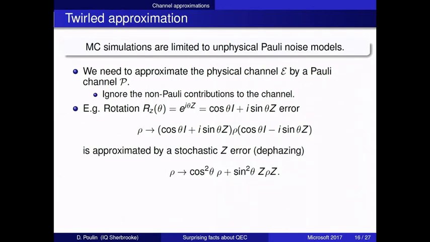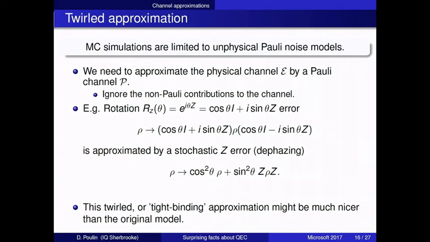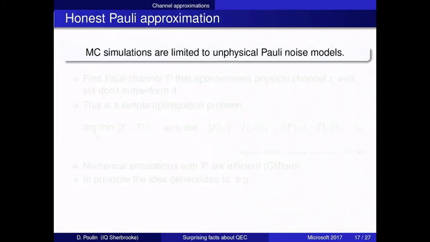You drop the cross terms and say, look, I can replace this channel by a model where with probability cos squared theta, nothing happens, and with probability sine squared theta, I have a z error. See? So now this is a Pauli noise model, and this is very easy to simulate. It's called the twirled Pauli approximation, and again, it's a similar thing, right? You simplify the model, and then you do the simulation for the simplified model.